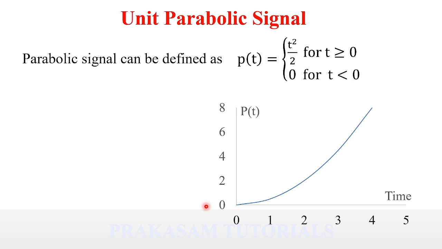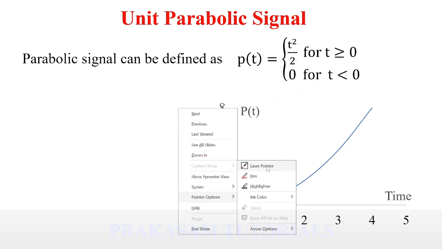The continuous time unit parabolic signal is defined at every instant of time t. Symbolically, the unit parabolic signal is denoted by p of t, and it is defined as p of t is equal to t square by 2 for t greater than or equal to 0.